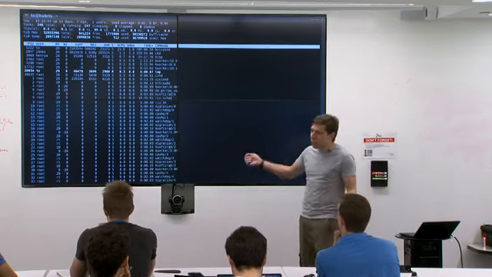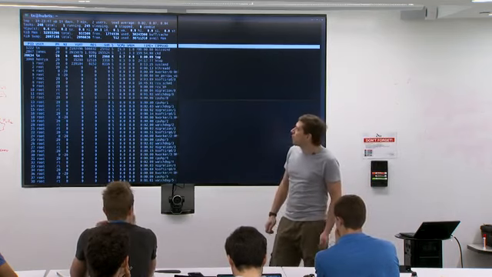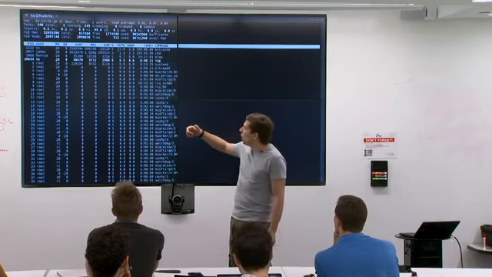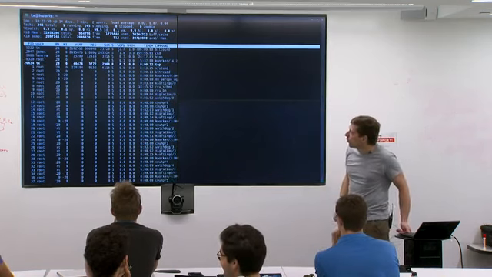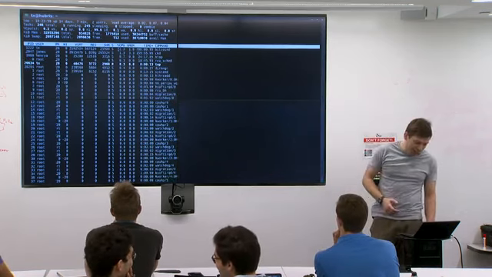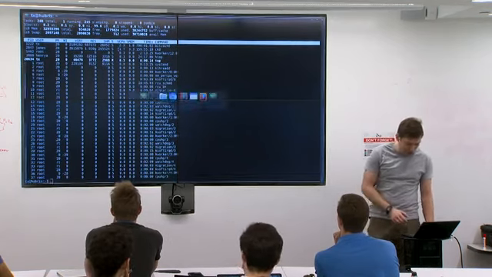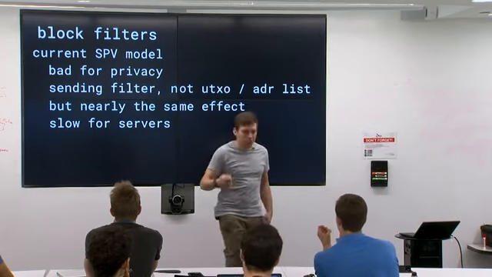Basically, this is receiving transactions, verifying the signatures, and sending them out. And granted, this is per core, so 2% is 2% of a single core. It's really not much. I guess the crypto kernel is only using 1%, so even less. But when you have a lot of SPV clients, it can start using a lot of CPU.